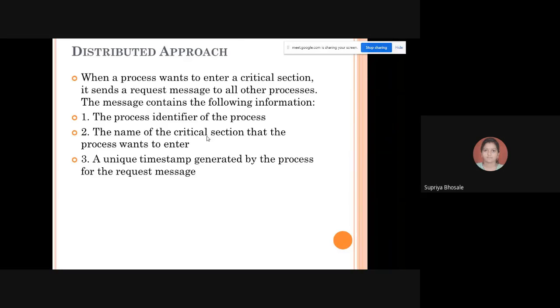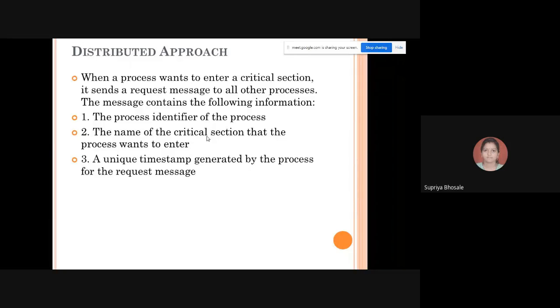So the algorithm also ensures that no starvation will occur because of the use of first come first serve scheduling policy. So the advantage, if we say, of this algorithm, is that it is simple to implement and requires only 3 messages: request, reply and release per critical section entry, right?